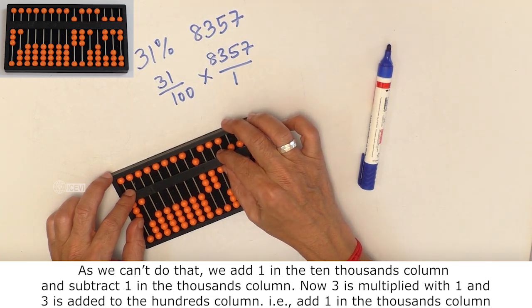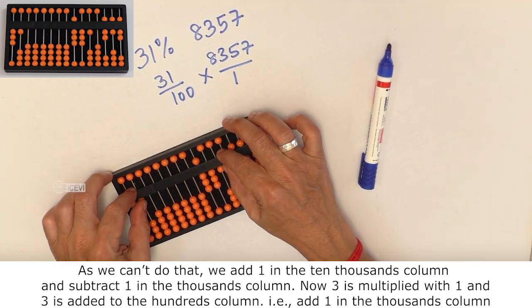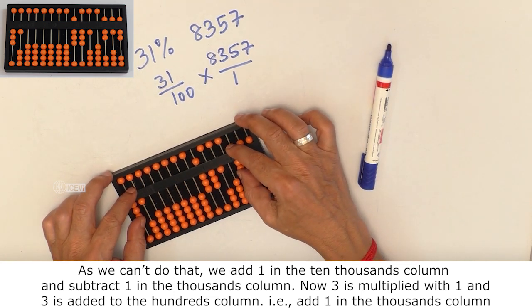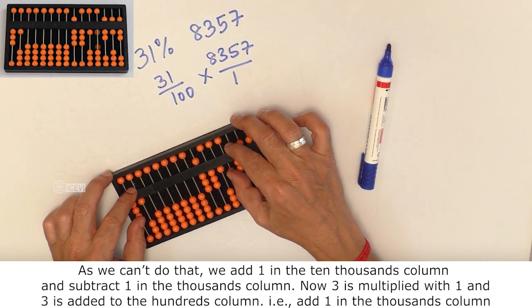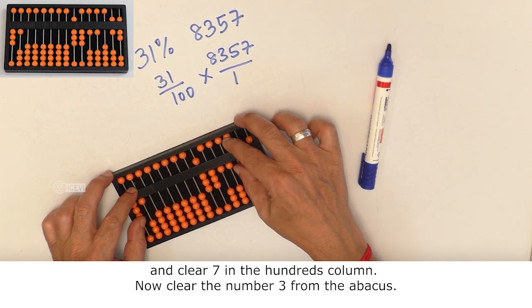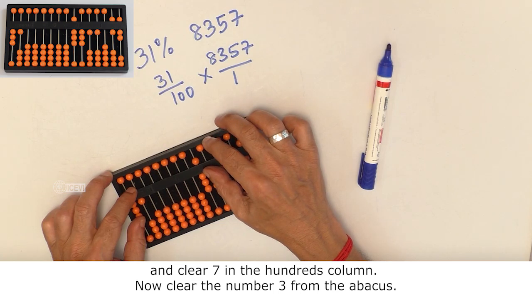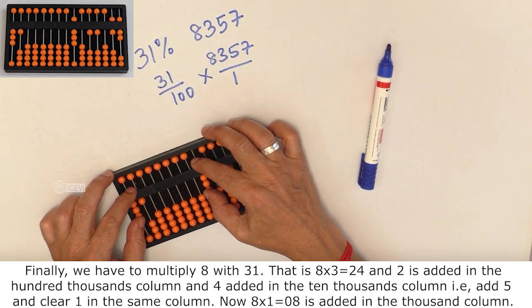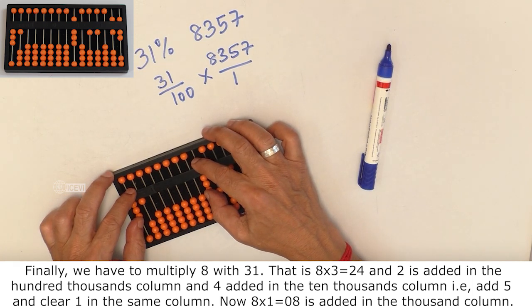Now 3 is multiplied with 1 and 3 is added in the hundreds column. That is, add 1 in the thousands column and clear 7 in the hundreds column. Now clear the number 3 from the abacus. Now we are left with 8 as part of the multiplicand.